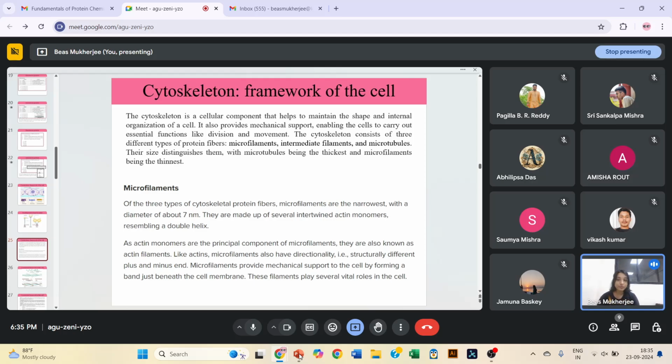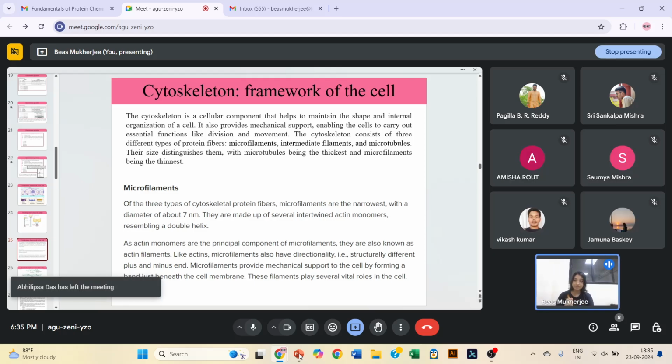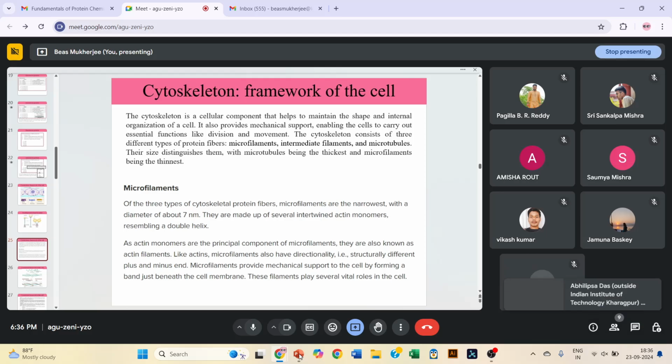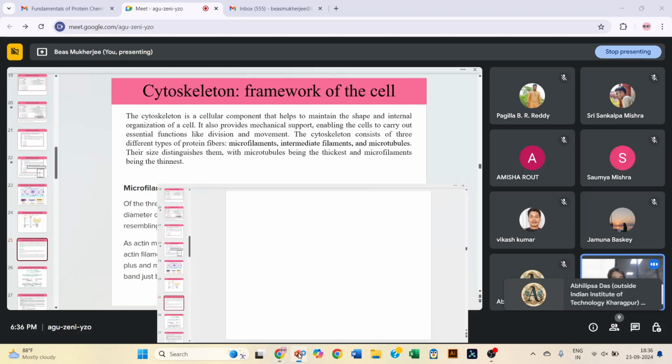As actin monomers are the principal component of the microfilaments, they are also known as actin filaments. Like actins, microfilaments also have directionality, that is a plus end and a minus end, structurally different plus and minus ends, right? So microfilaments provide mechanical support to the cell by forming a band just beneath the cell membrane. These filaments play very important roles.